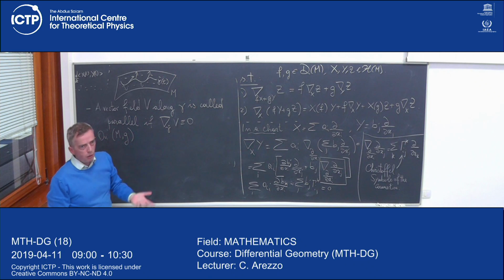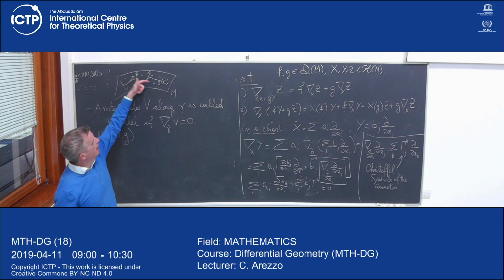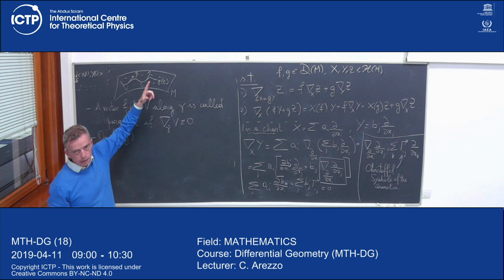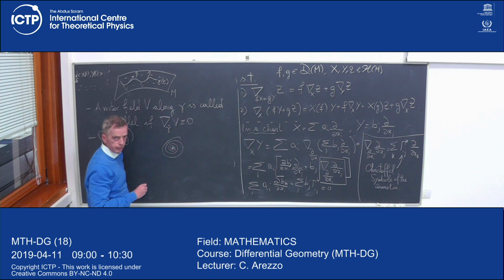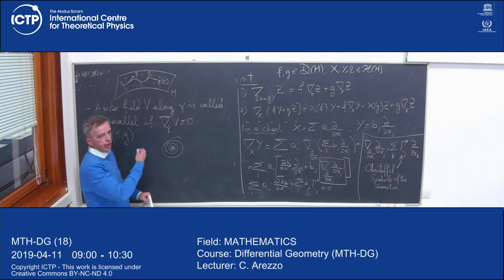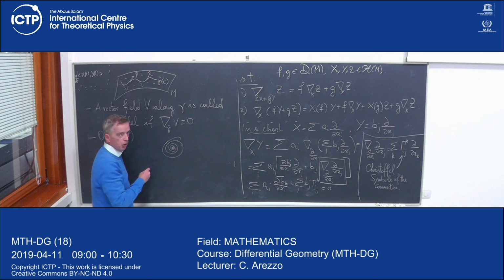Okay? So now there is only one problem. Is it always possible to extend gamma dot to an open set? Locally, yes. Globally, no. Okay, so you can construct monsters, completely useless, but they exist, so you cannot claim it in general. But what do I mean by locally, yes? That if I take a sufficiently small piece of my curve, then it's true, and it's true wherever I am.